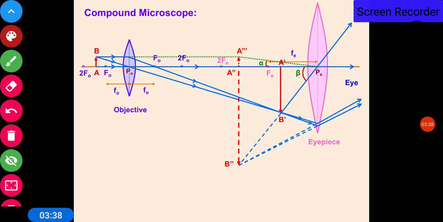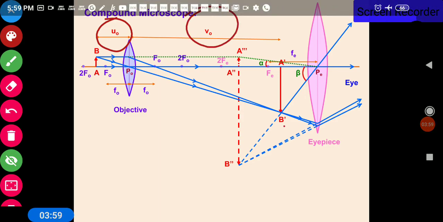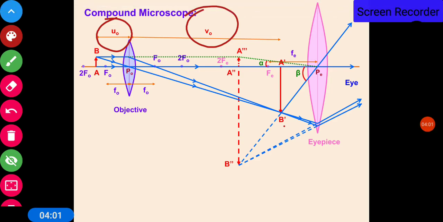Now the adjustment of the objective and eyepiece is done in such a way that, first, the distance of the object is denoted by U naught. The distance of the image A dash B dash is denoted by V naught, because this is the image formed by the objective.